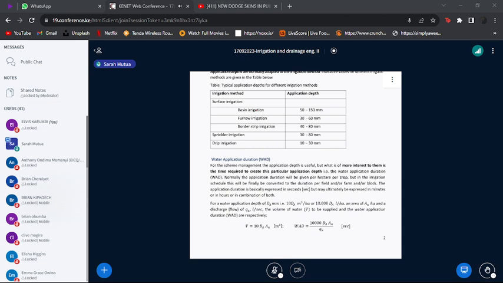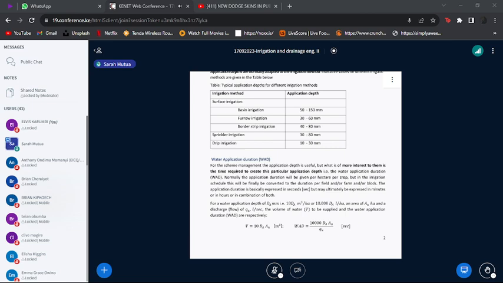Then we have water application duration. If you want to apply 100 millimeters of water and your stream size, or your discharge or supply, is applying at a certain rate, how long are you going to take to apply that application depth?